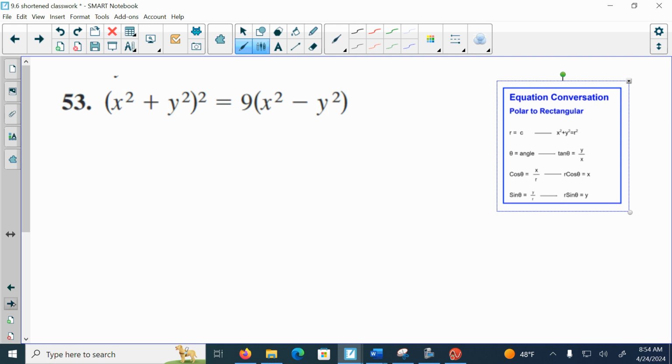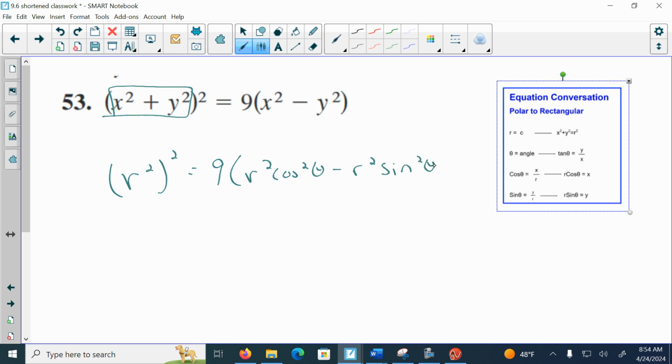If I see this x squared plus y squared, I'm going to replace that with r squared. We're going to have r squared squared is equal to 9 times r squared cosine squared theta minus r squared sine squared theta.